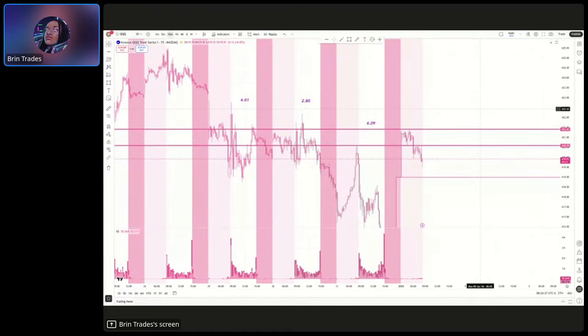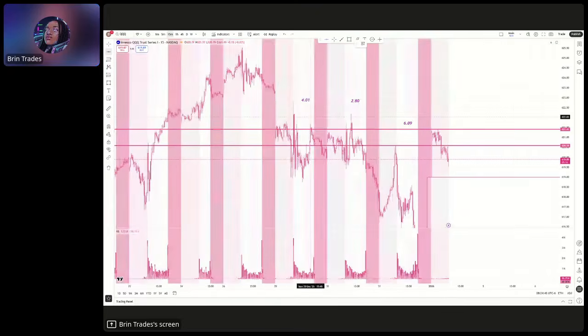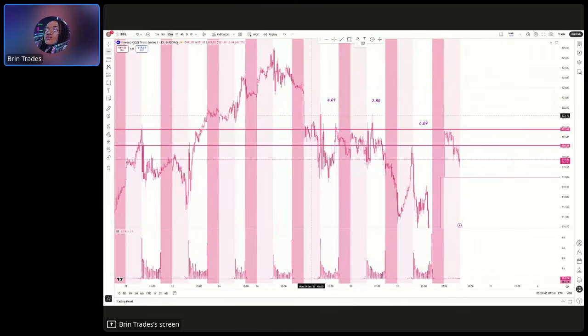Let's look at the next price target. 621.22, in this zone.